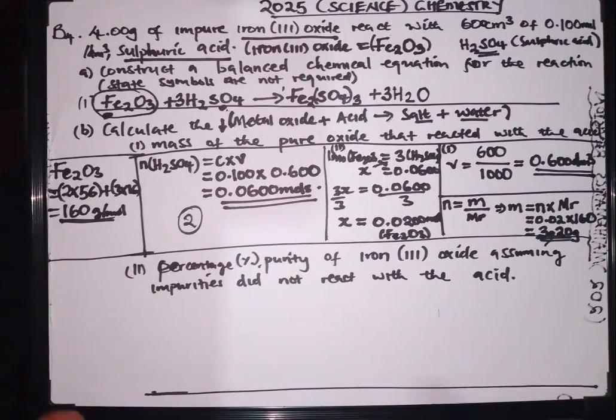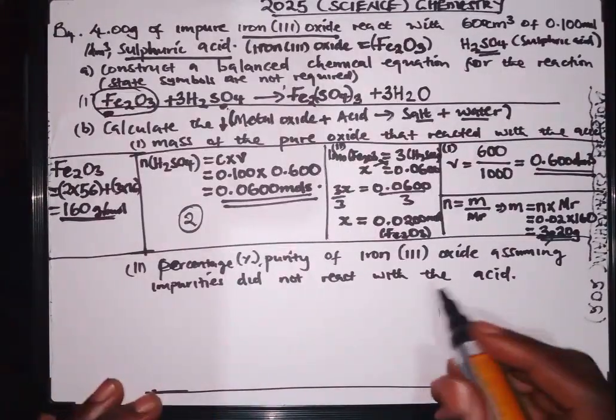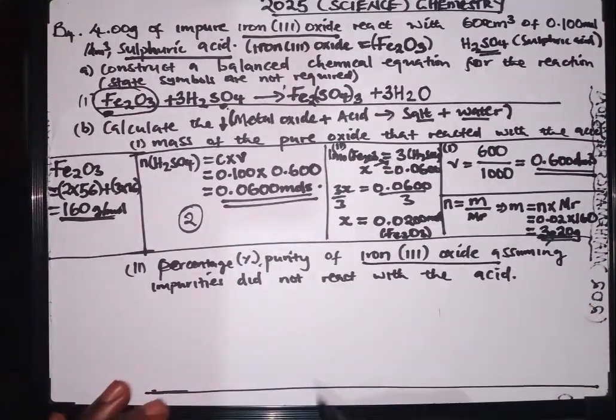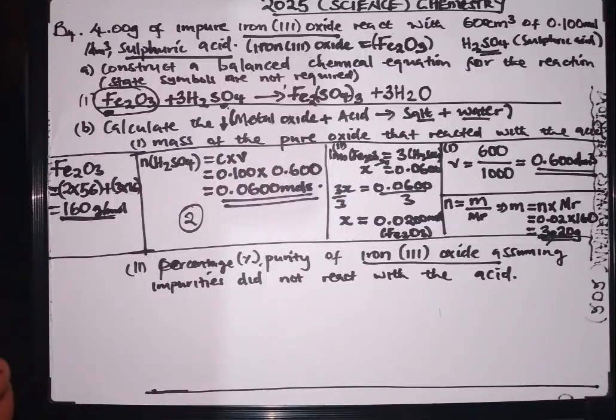Calculate the percentage purity of iron 3 oxide, assuming the impurities did not react.